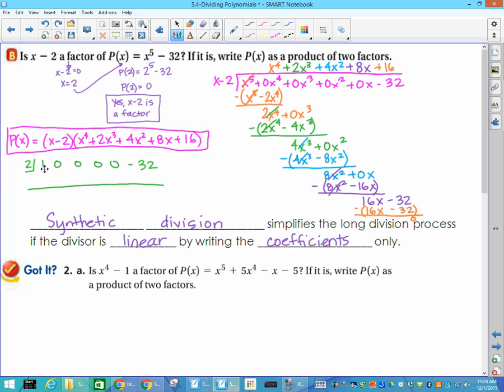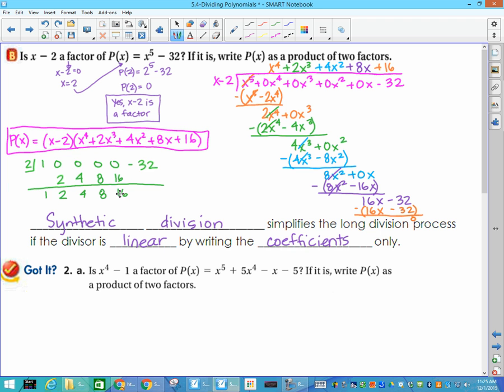What happens is I bring down the 1, and then I multiply 2 times 1, and I get 2. And then I add 0 plus 2, which is 2. 2 times 2 is 4. 0 plus 4 is 4. 2 times 4 is 8. 0 plus 8 is 8. 2 times 8 is 16. 0 plus 16 is 16.